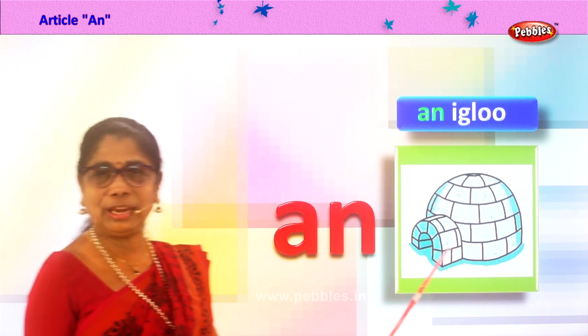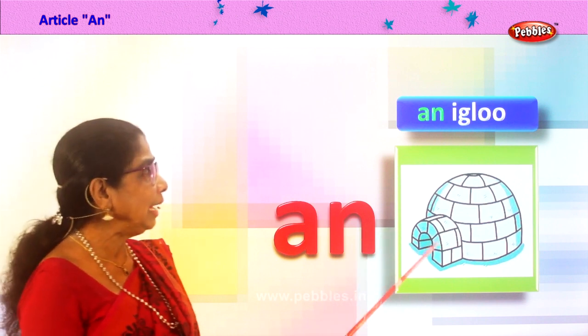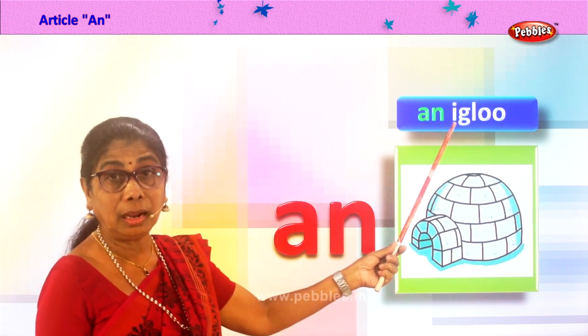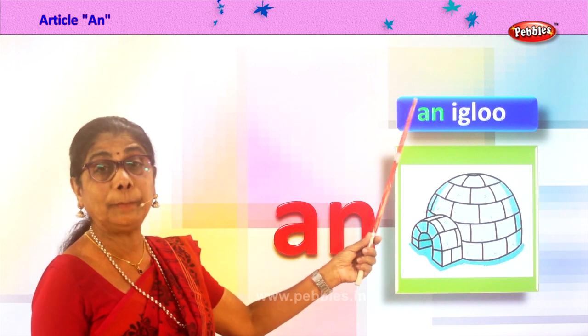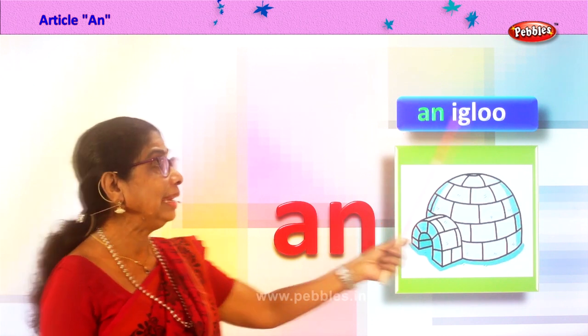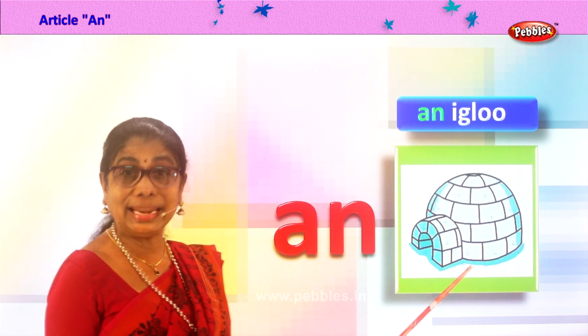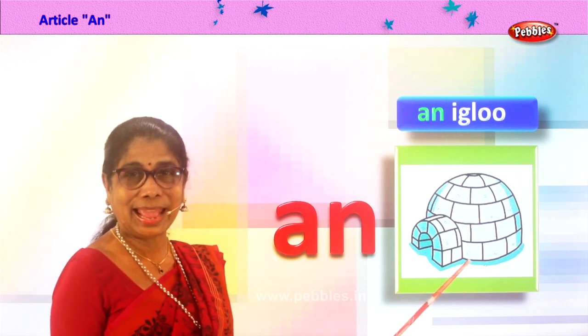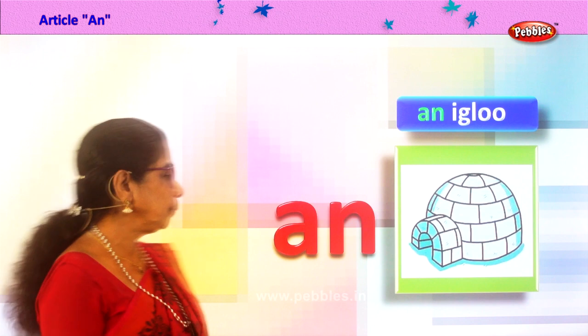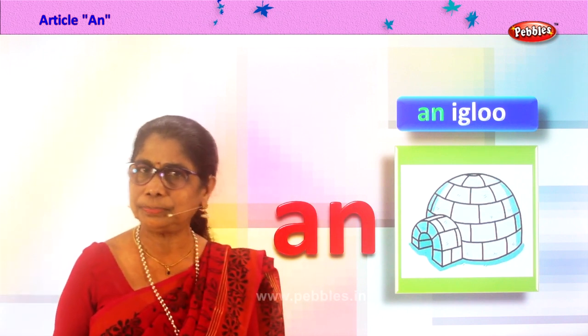He lives in an igloo house. Igloo begins with letter I. It's a vowel. So we place article an in front of I. An igloo. Read an igloo. Home of an Eskimo. Good. Let's go on to a new picture.